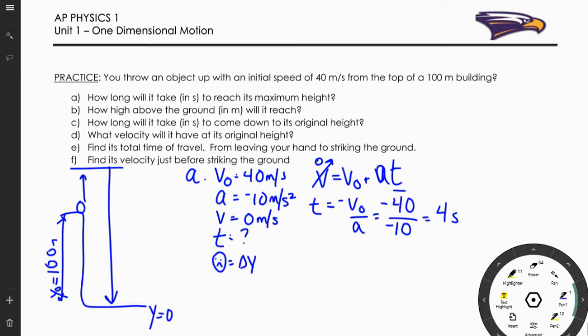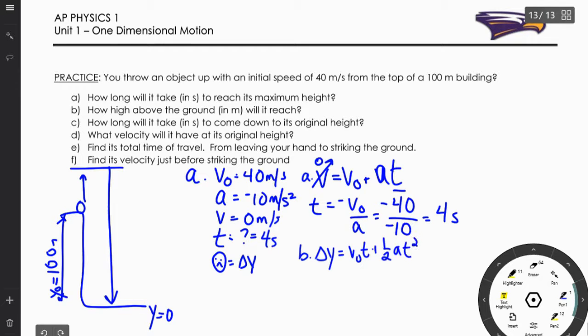Okay, so now we have how long it takes to get up. If I update my given values, the only thing unknown now is that maximum height, or delta y. So for part B, I'm going to do delta y equals v0t plus 1/2 at squared to find the displacement up to the maximum height.